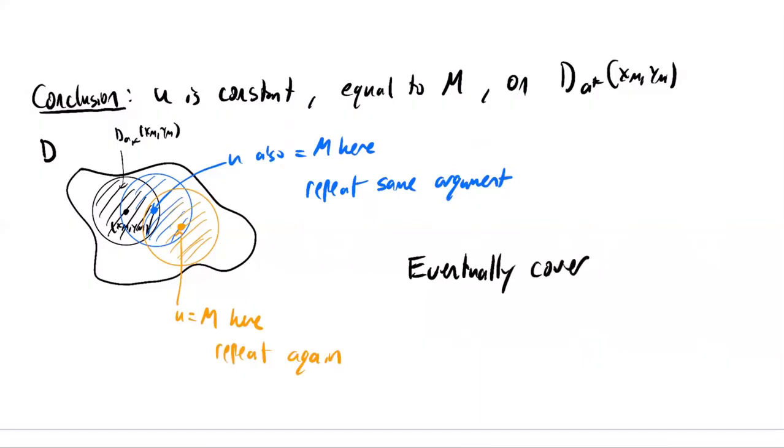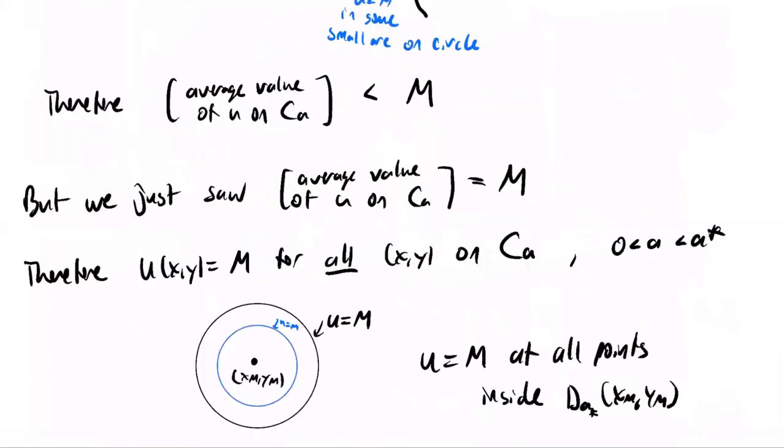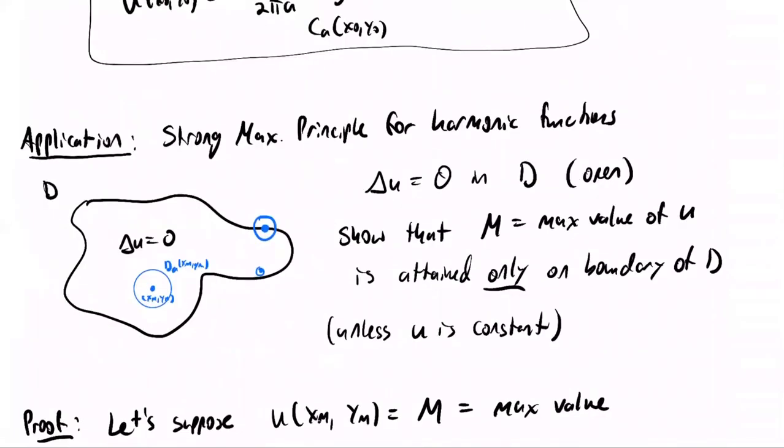We eventually cover the domain D, and see that u is equal to m everywhere in D, so u is constant. What this says is that the only way the maximum can be attained at a point inside the domain is if u was constant, which is exactly what we were trying to show. So let's go back to the statement. We wanted to show that the maximum has to be attained on the boundary unless u is constant, and that's what we just showed.